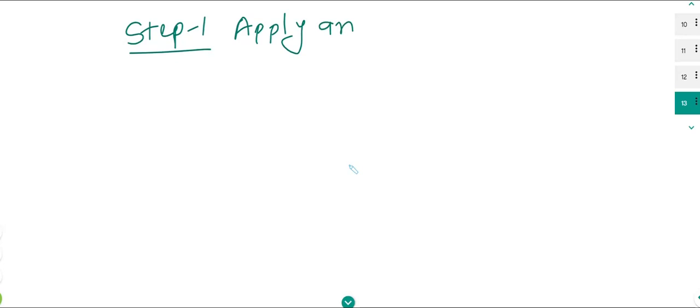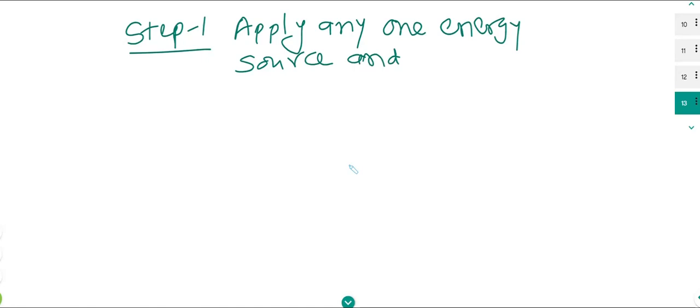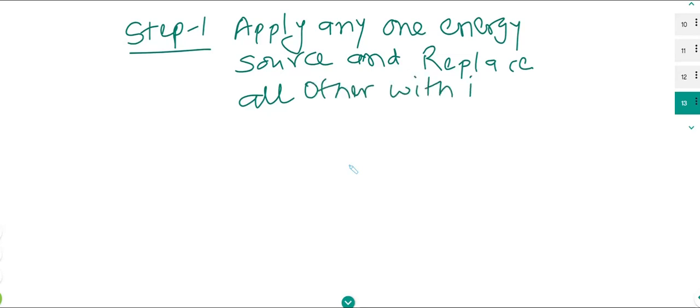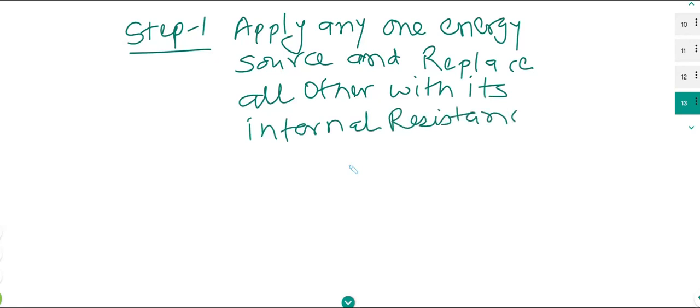Step 1: apply any one energy source and replace all other energy sources with their internal resistance. This thing you have to remember.